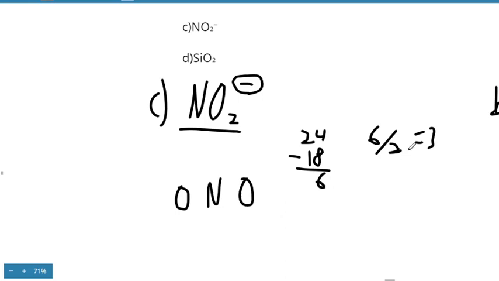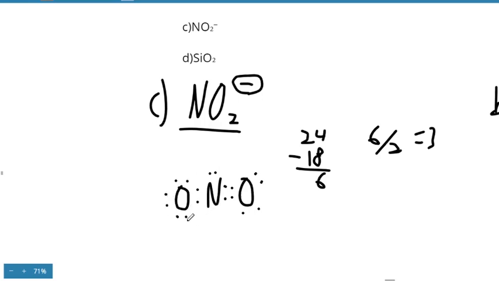So we have 3 bonds. We only have 2 spaces, so that means one of them is going to be a double bond. And then since we took away 6, we have 12 electrons left. So we just fill up these other element valence shells. So this oxygen needs 4 more, then this nitrogen needs 2 more, then this oxygen needs 6 more.